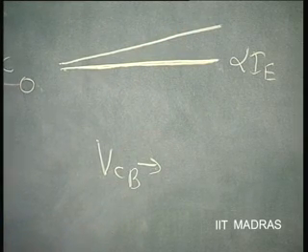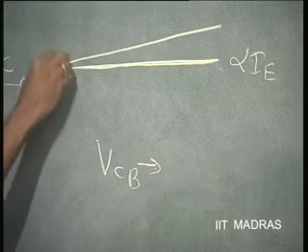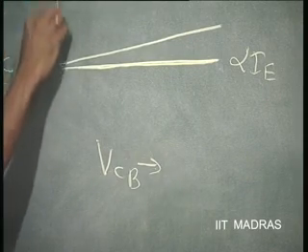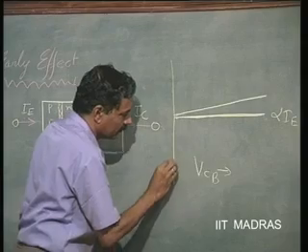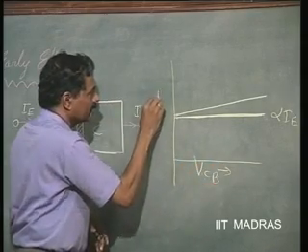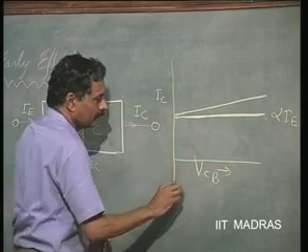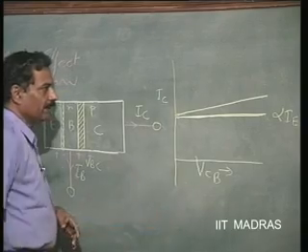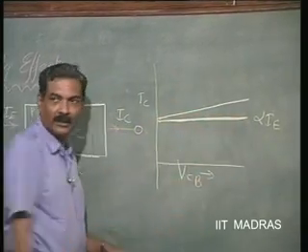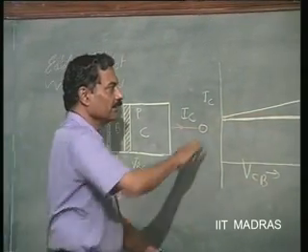That means, actually speaking, in our characteristic curve, if this is IC, for different VCB and for all values of IE you are putting down here, these will go on increasing.